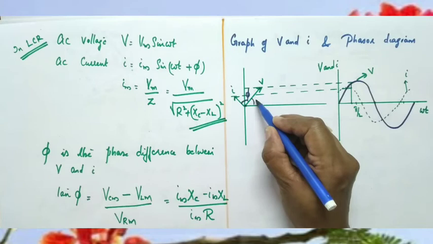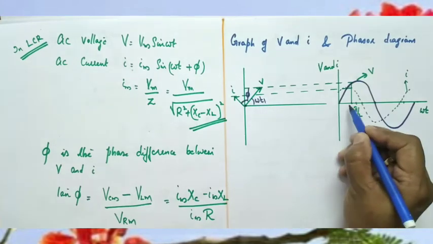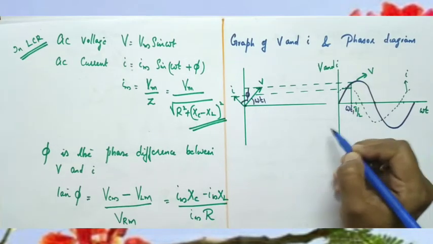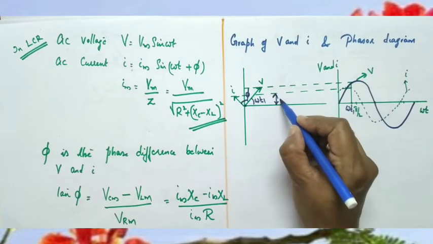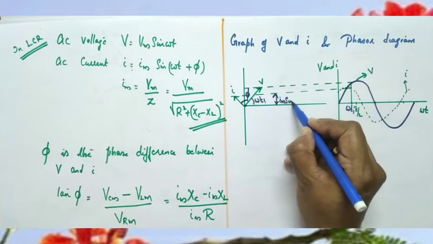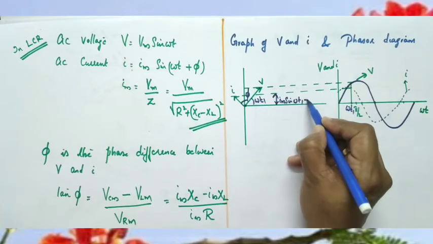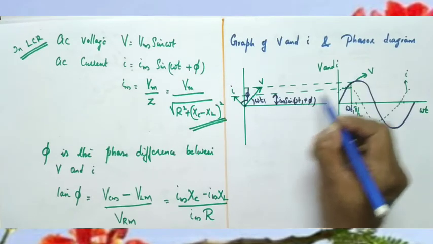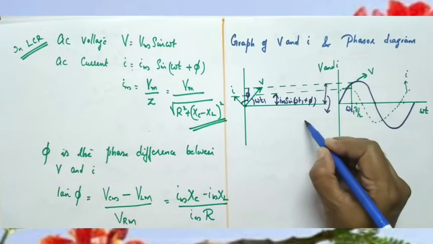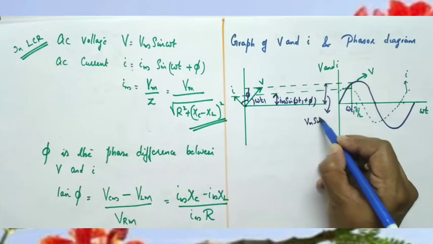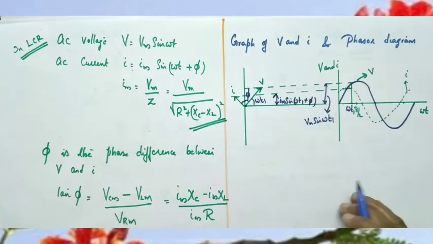Here this angle is omega t1. And what is the projection? This is the current projection, Im sin(omega t1 plus phi), and this is the voltage projection, which is Vm sin omega t1. Clear, children?